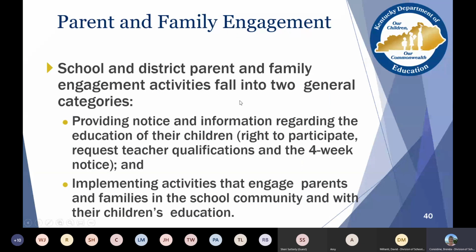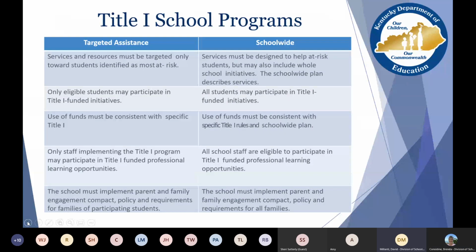Anything else, David, you want to add before we get into parent-family engagement? Just one point of clarification. If you do have a targeted assistance school, you are essentially creating a list of your lowest achieving students, and then from that list you're using multiple educationally related criteria to identify and select students to be served with targeted assistance services.